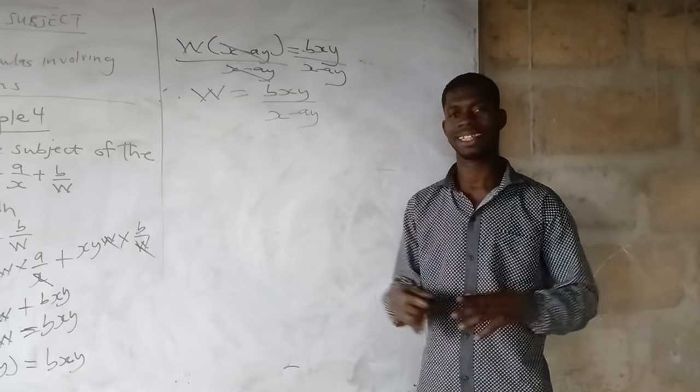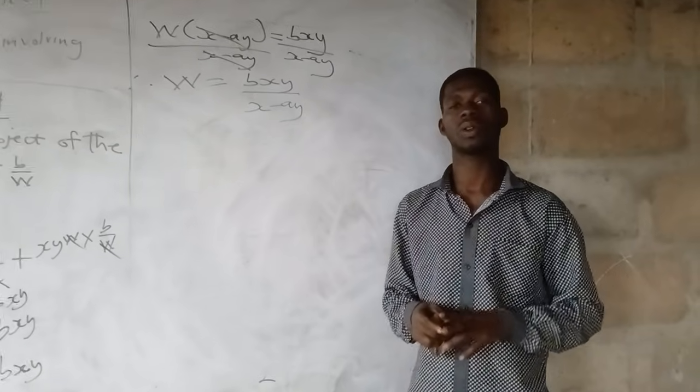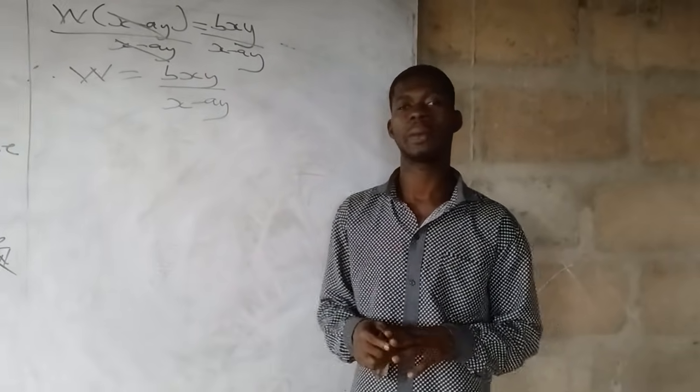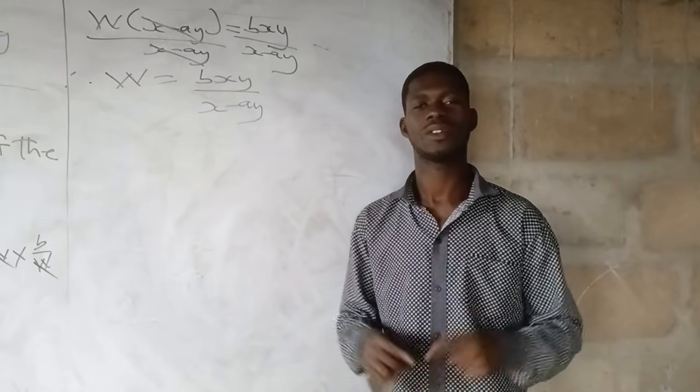Then after that you group like terms, you factorize, then you divide both sides by the coefficient of the letter which you are making the subject. Then you arrive at the final answer.